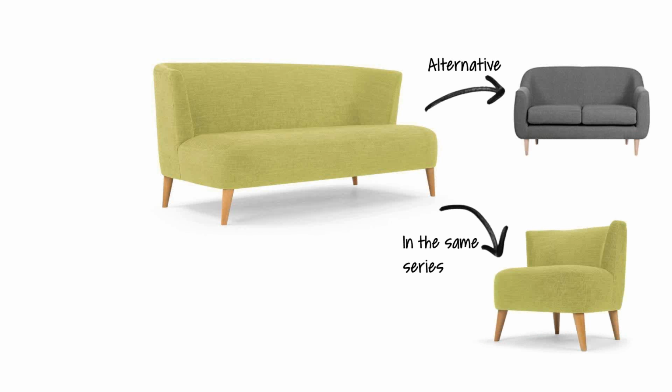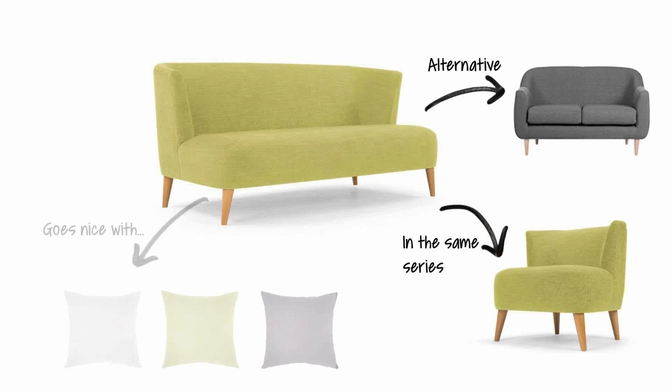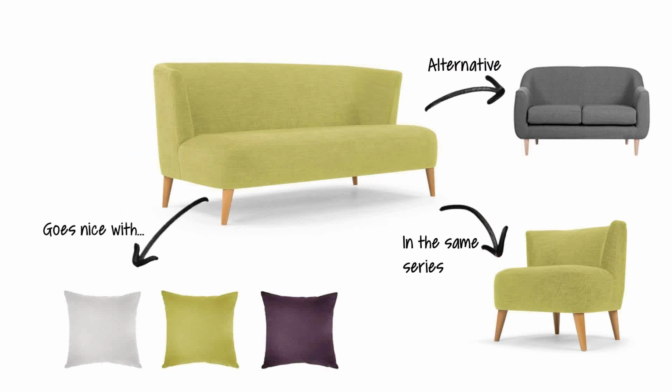Or you can use it to create a relationship to another product in the same series. Or you can use it to show the customer products that go nicely with the product you're showing. In this case, pillows that are made of the same fabric as the sofa.